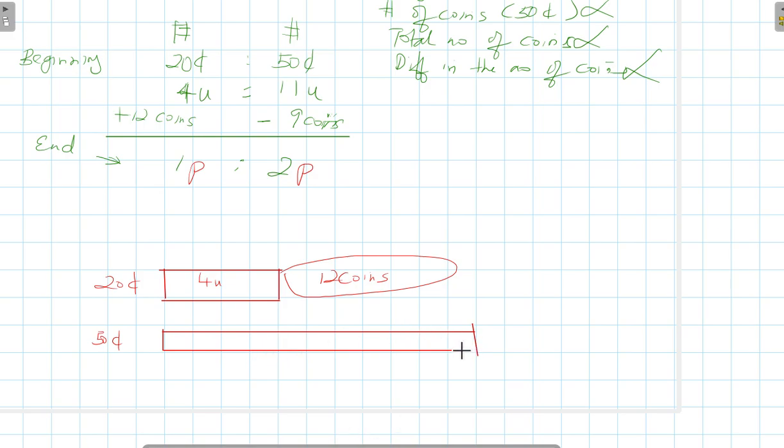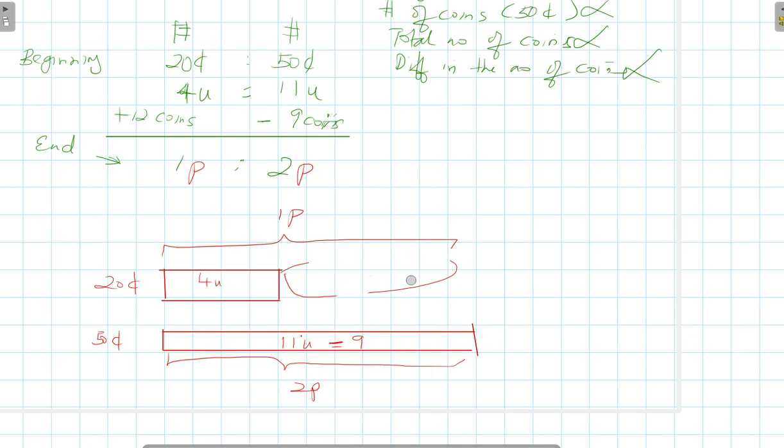Okay, never mind. I will just draw 11 units and then I must take away 9 coins. Okay, then you know here is 1 part and then here will be 2 parts. Okay, maybe I should draw this smaller because one part will be smaller than two parts, right? This side is one part and this side is two parts.